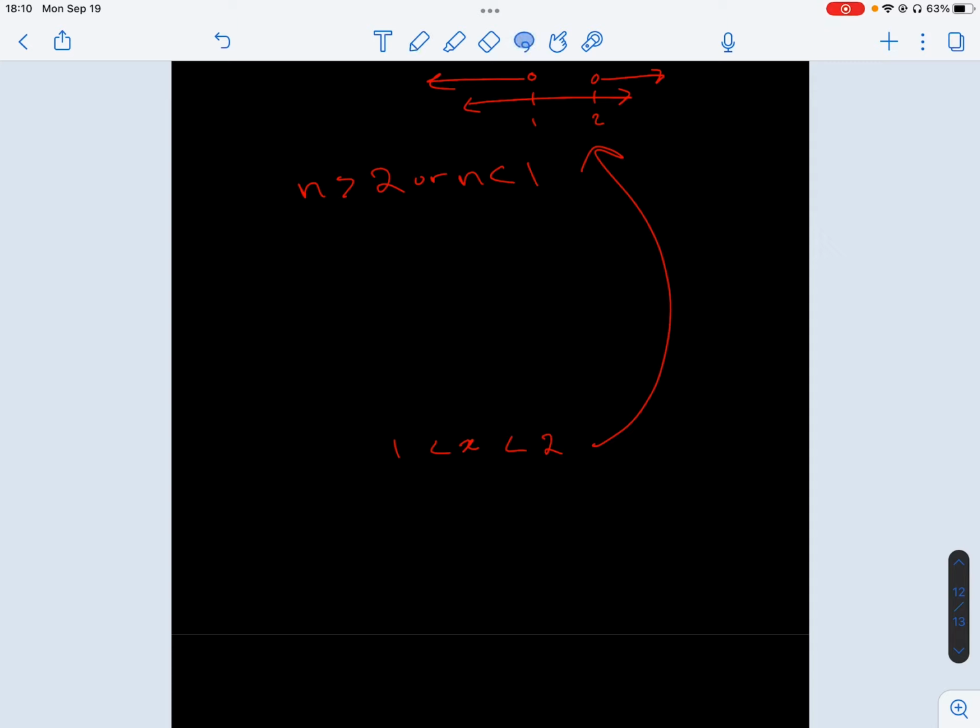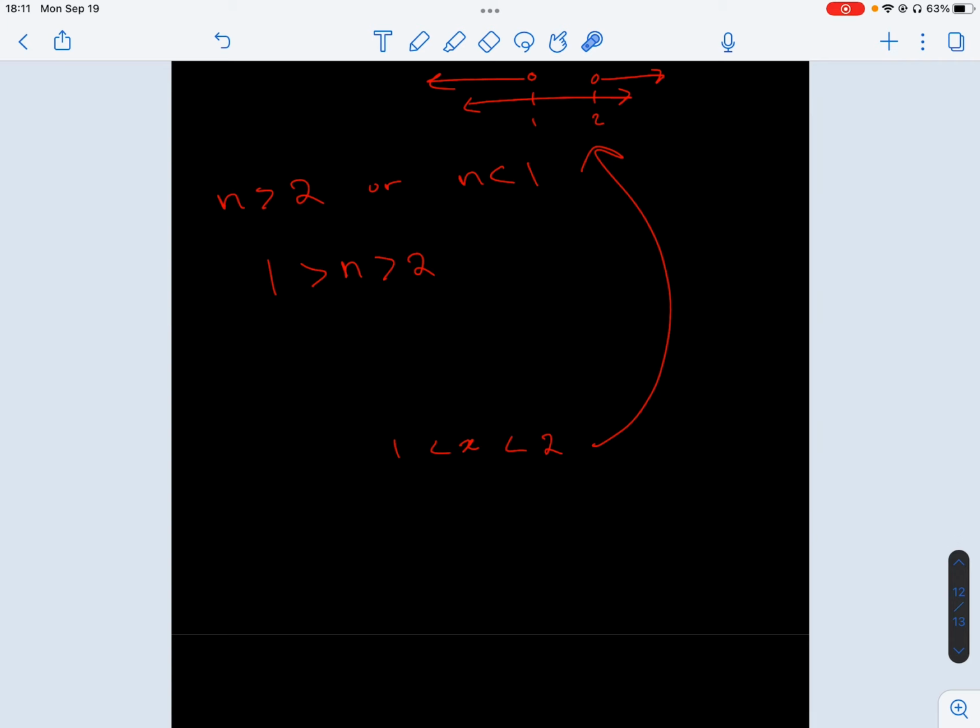Well, it's kind of hard to piece these together because if we tried, we'd see that n has to be greater than 2, but it also has to be less than 1. But what numbers are less than 1? Well, 0 is less than 1, but is 0 greater than 2? No, it's not greater than 2. So this expression here is kind of just nonsense.